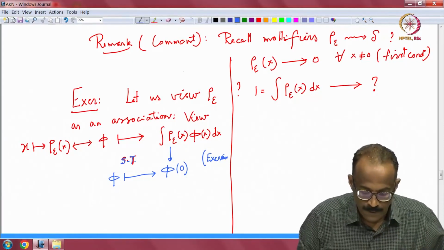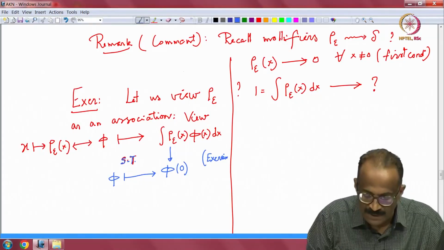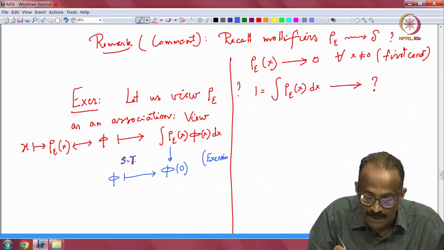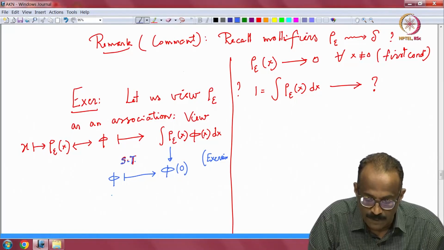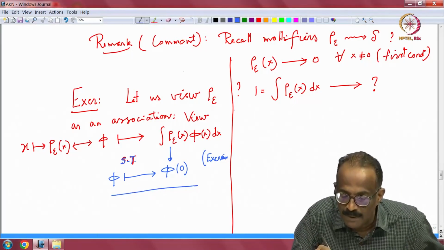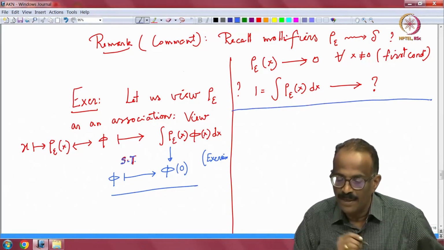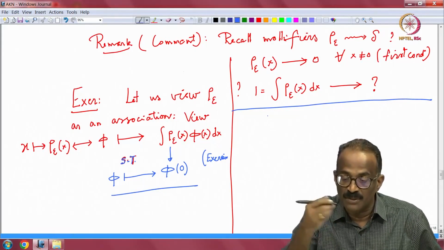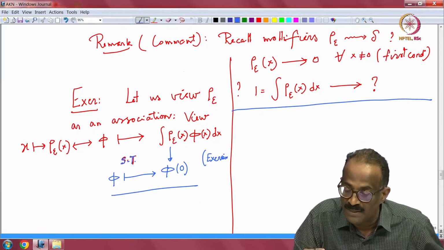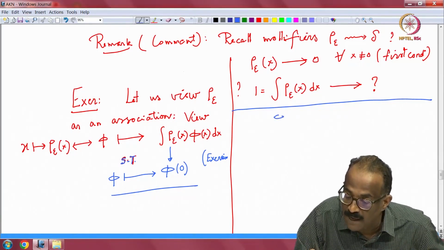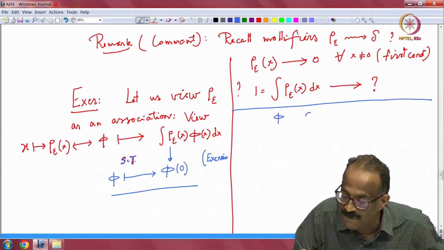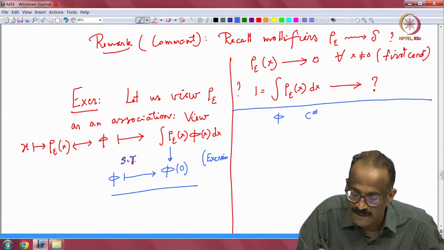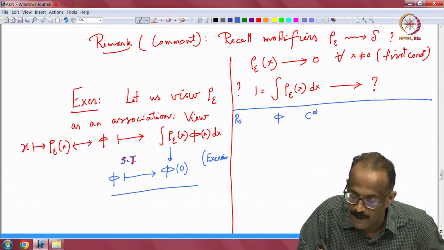All right. So, this is typically at this level it is going to phi 0. Let me make one more comment before going here. So, we are having functions. The functions we are working with, from all this motivation, the association phi is C infinity. So, this is a kind of remark at this stage.